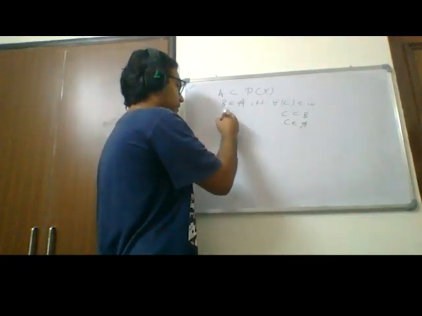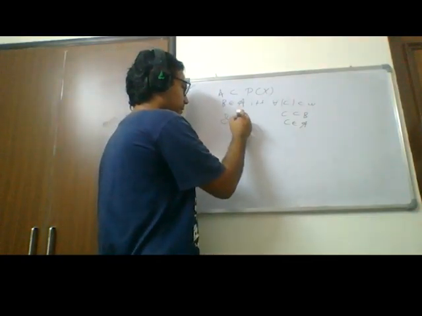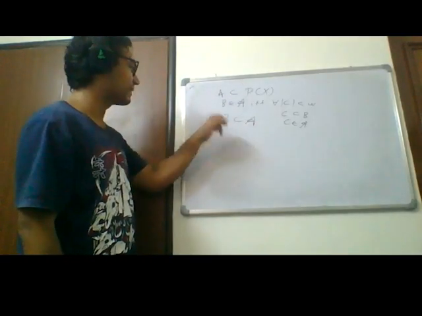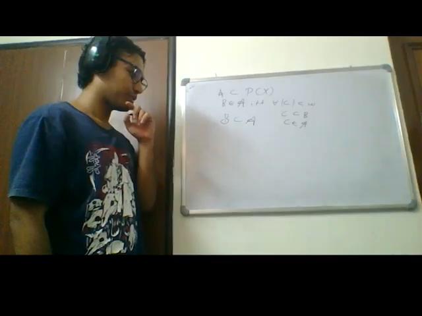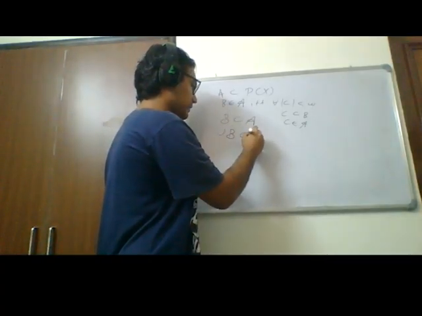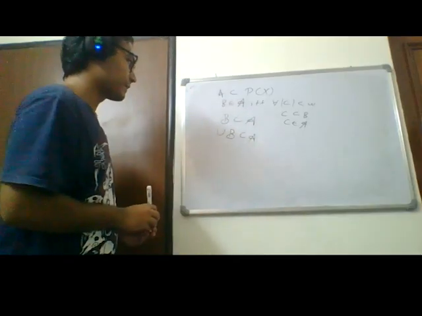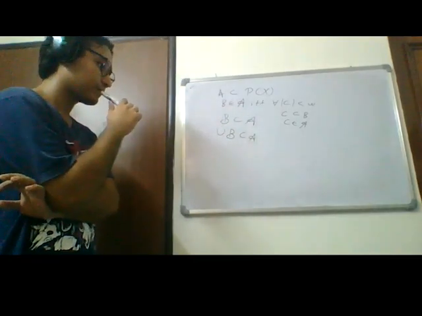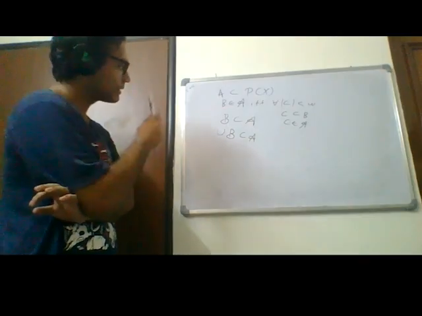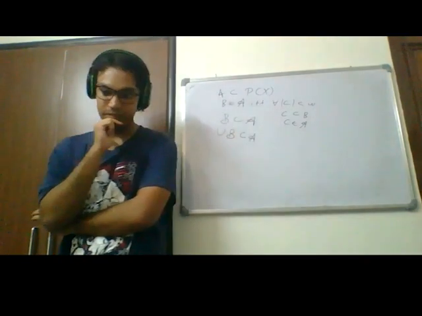So let beta, I'm going to call it beta, be a subcollection of alpha, right? Yeah. Now we have to show that the union of beta is a member of alpha, essentially, right? Okay. How do we do this? Let's see.